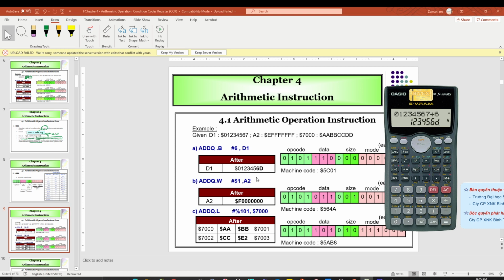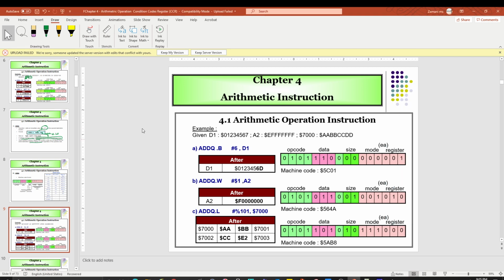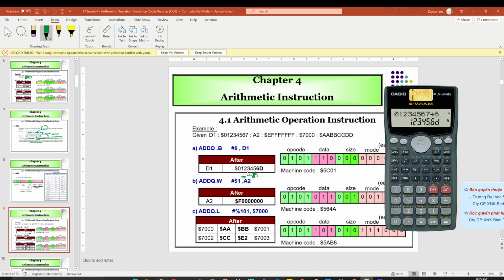The answer is going to be 0, 1, 2, 3, 4, 5, 6D. Correct. This one, $1, is the same thing. If you use just number 1 without $, it is equivalent for hexa and decimal, to A2. Then you can see that A2 you add 1. A2 is given as this number EFFFF.